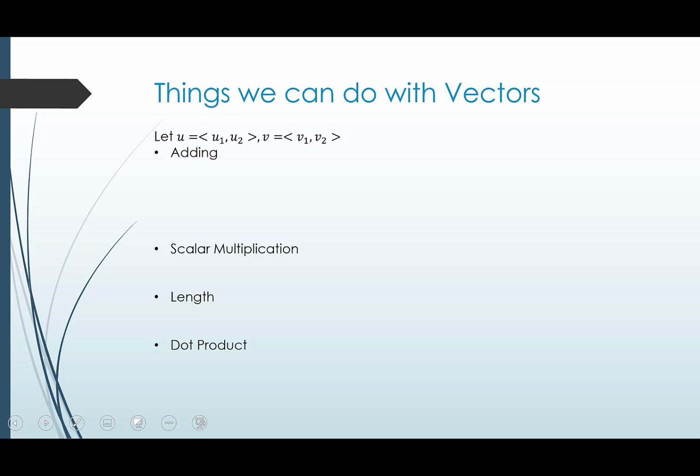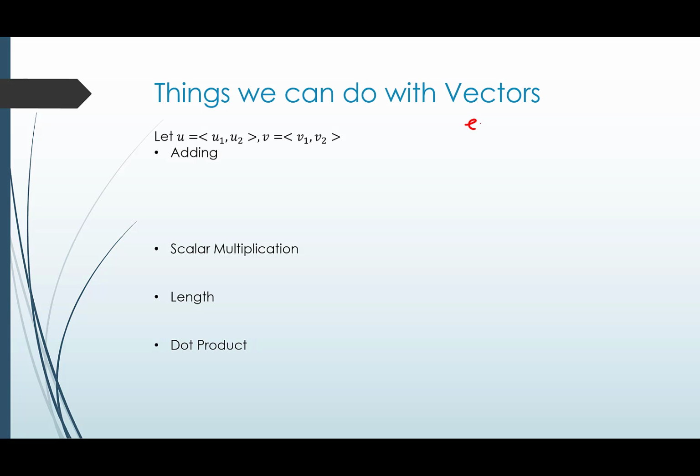Now there's a lot of things we can do with vectors, so let's go ahead and consider u equal to (u1, u2), v equal to (v1, v2). So the first thing we can do is we can add vectors. Now I'm going to go through this all algebraically. You can also think about this geometrically too with parallelograms and things like that, but in any case, I'm going to do this algebraically.